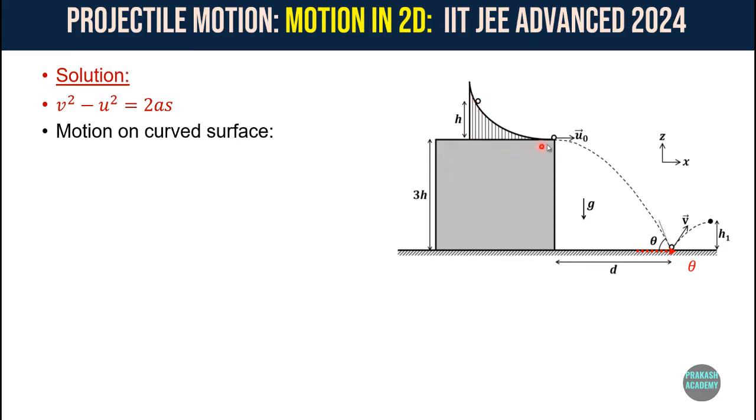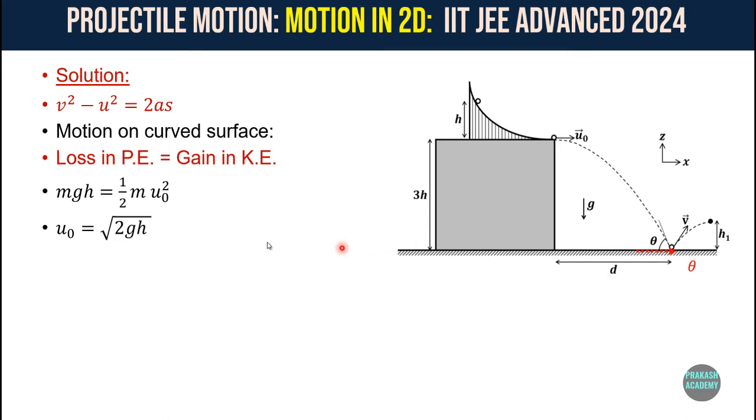And how much is the gain in kinetic energy? That is half m u naught square. So from here I can write u naught is equal to under root 2gh.